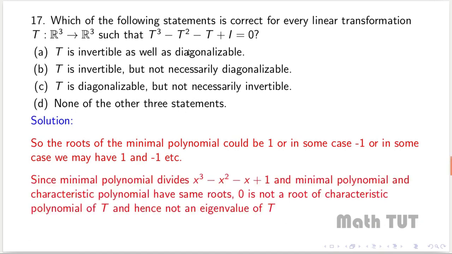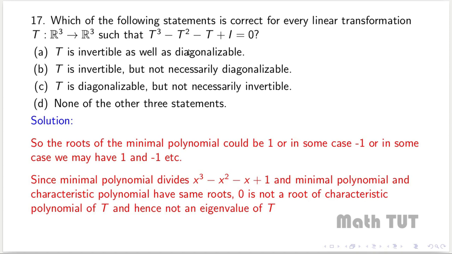So depending upon the roots of the minimal polynomial, T could have eigenvalues 1 and -1, or simply 1, or simply -1. All these cases can come up.